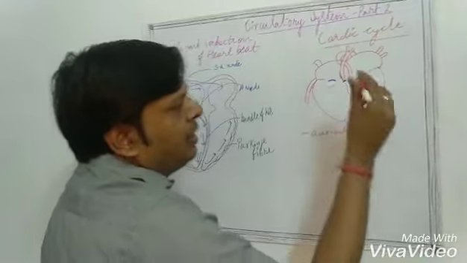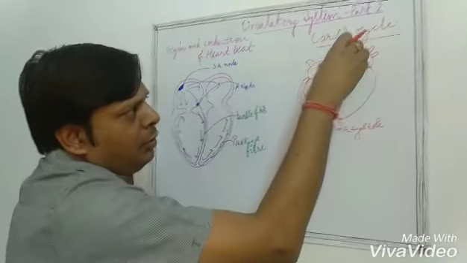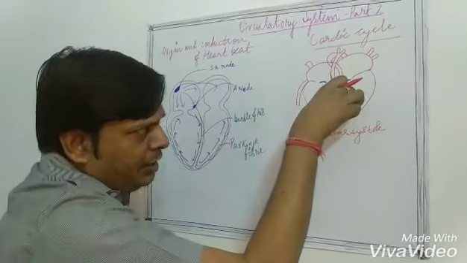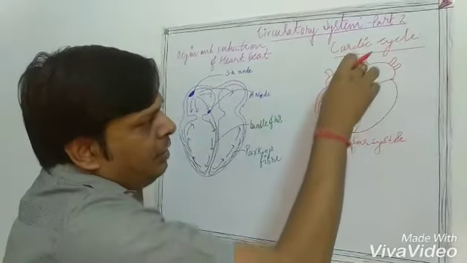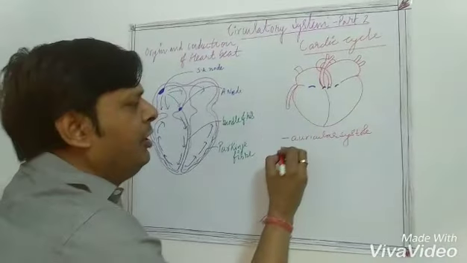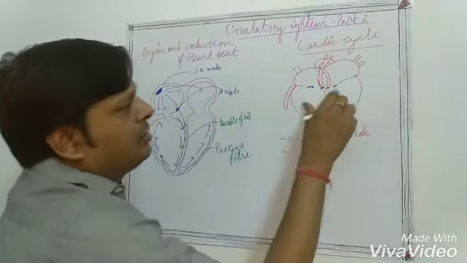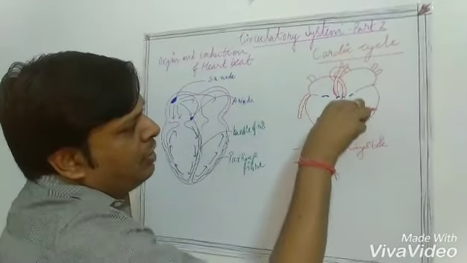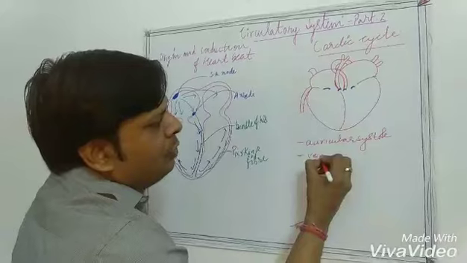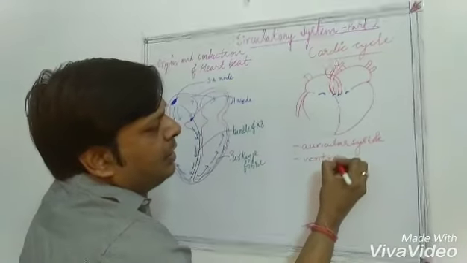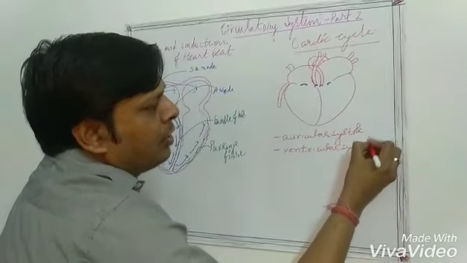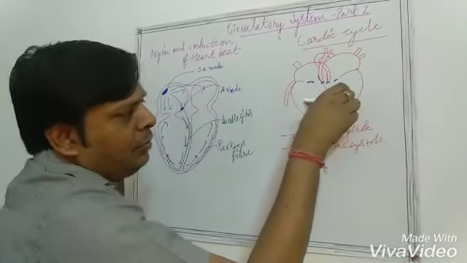This is the first phase of the cardiac cycle. During the contraction, all the blood from the auricle is received into the ventricle chamber of the heart. When the ventricles are filled with blood, they start contraction. This is known as ventricular systole, the contraction of the lower chambers of the heart.